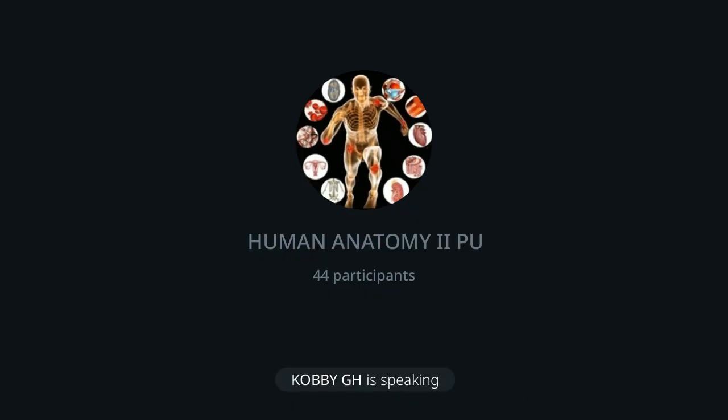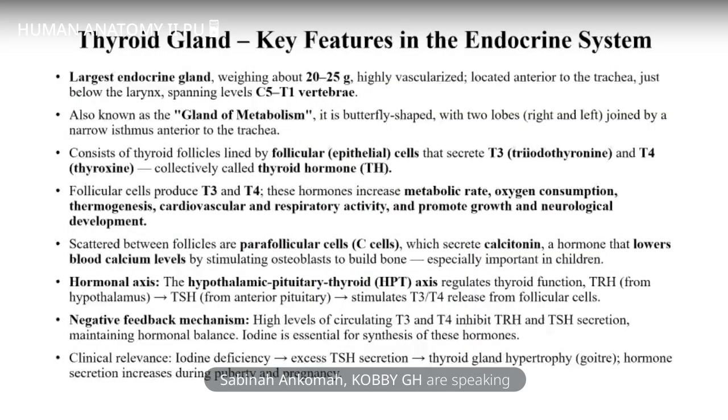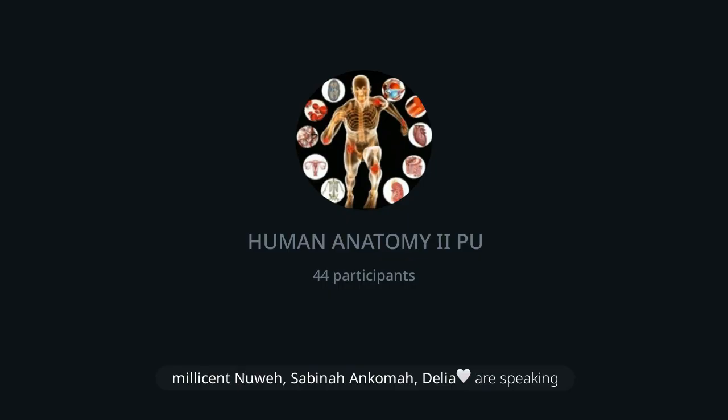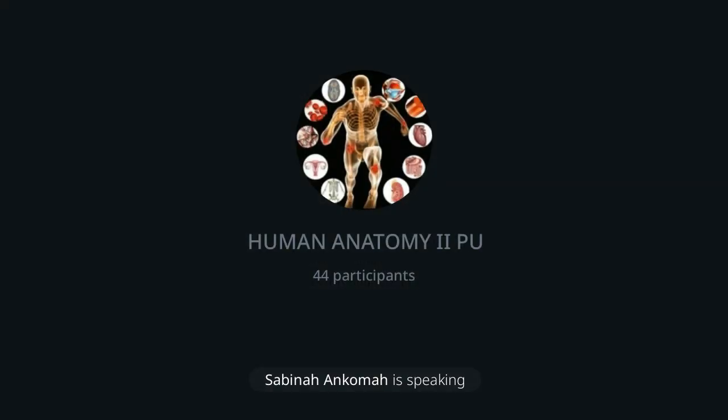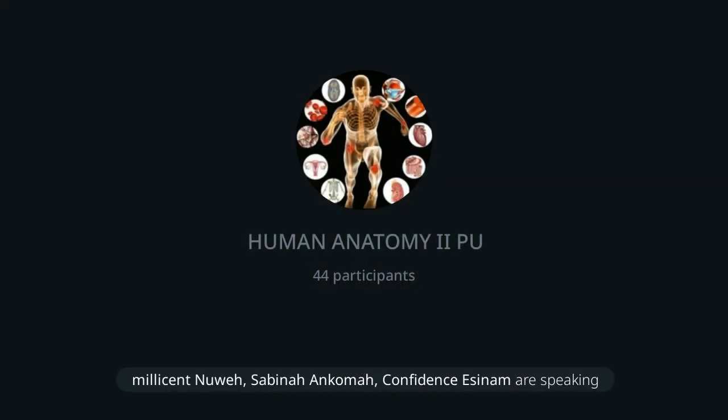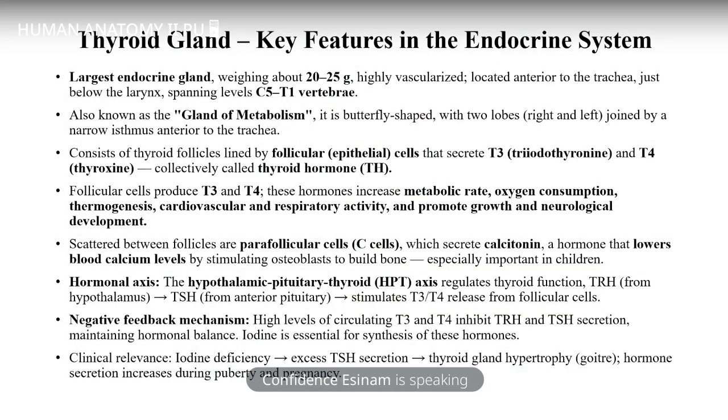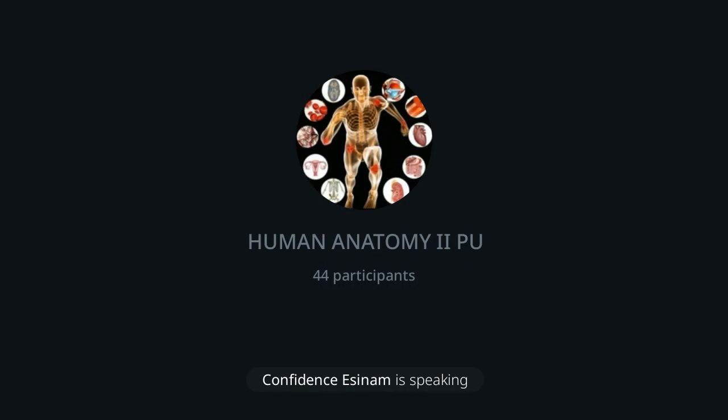Now, what is the location of the thyroid gland? Where is the thyroid gland located? Anterior to the trachea, below the larynx.